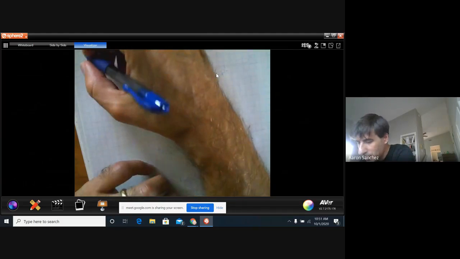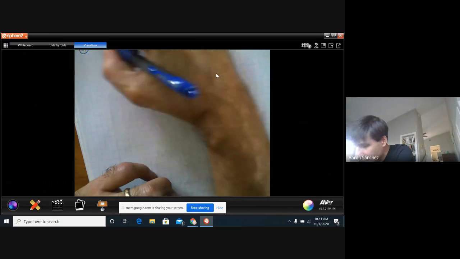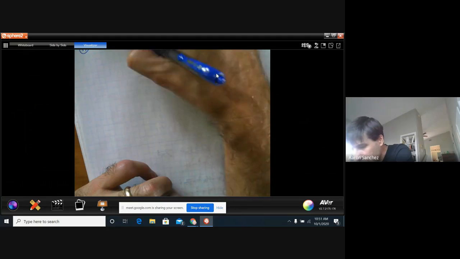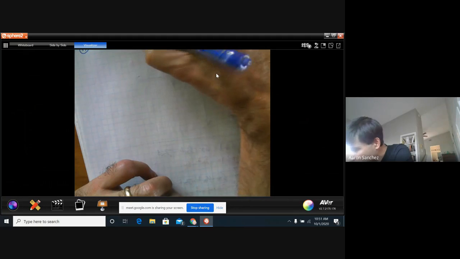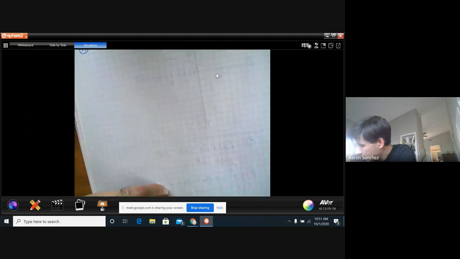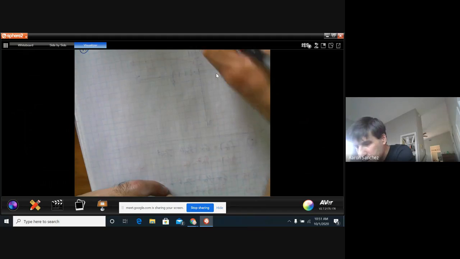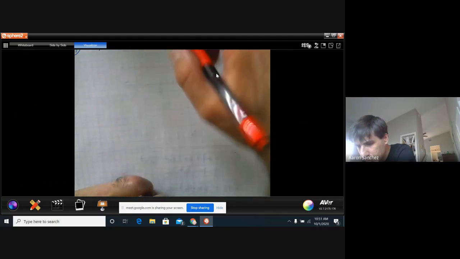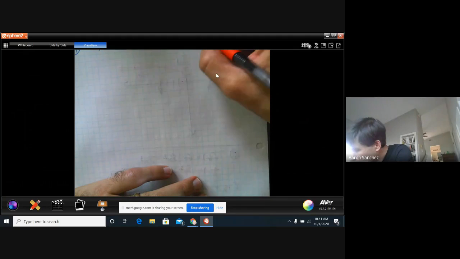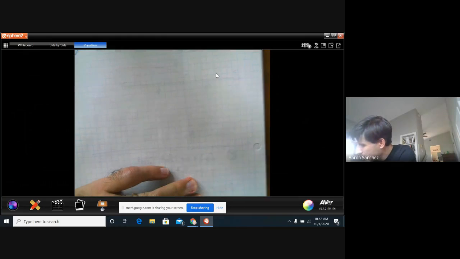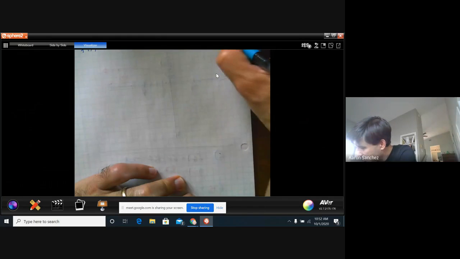But I'm going to do 11. I'll do the last one since it's the most difficult. 11 is f of x equals 7x to the 3/2. And then g of x is equal to negative 14x to the 1/3. And then they want, when x equals 64, you guys can plug that in.